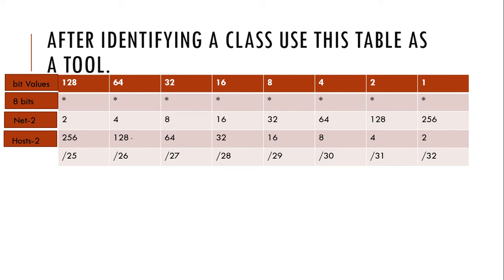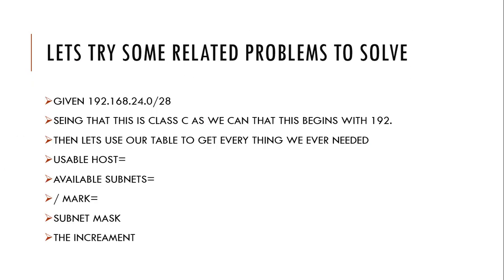If we borrow 2, in slash 26. Initially we are having slash 24 if we haven't touched this octet, if we haven't borrowed any bit. Okay, let's keep moving and see how this table can help us.